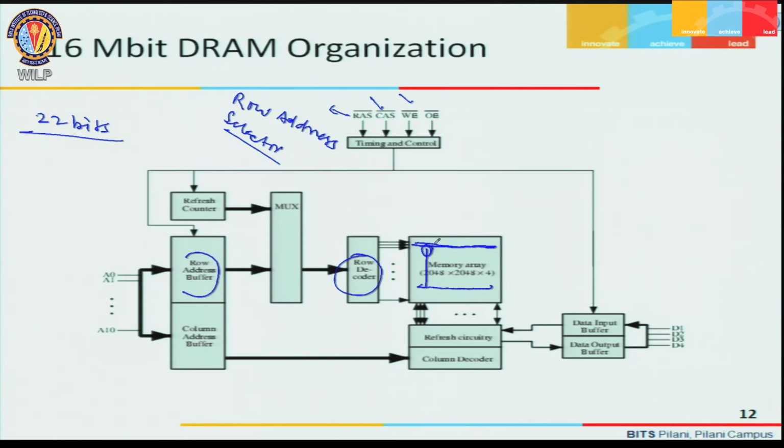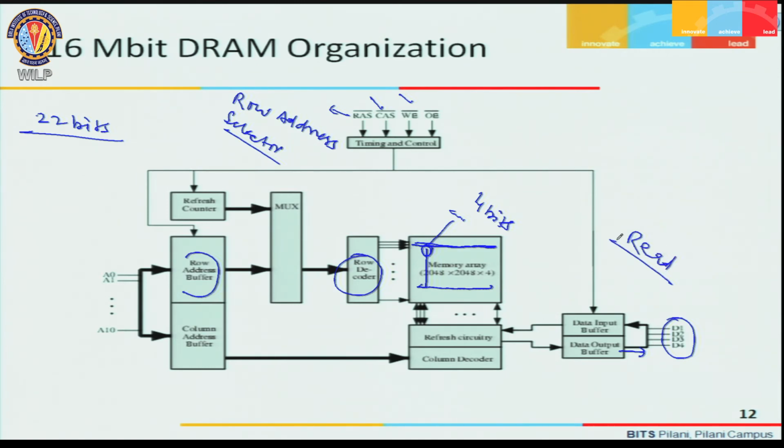So, now this location is identified, and how many bits are there at this location? 4 bits are there. So, these 4 bits will be transferred here. This is the output buffer, and that is for the read operation.